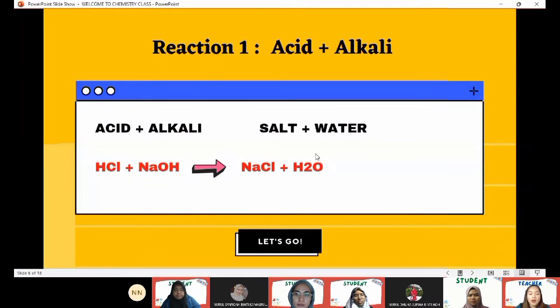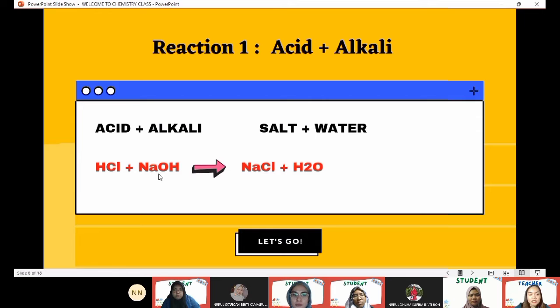If you don't know what salt will be formed, you can follow this way. First, you know the formula for water, H2O. Then you look at the reactant part, and the leftover element is NaCl.